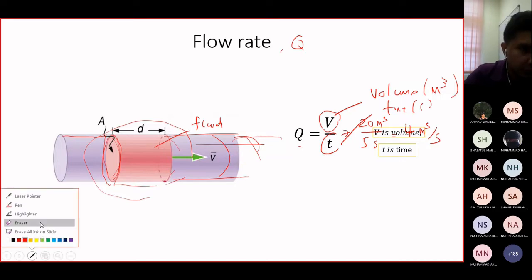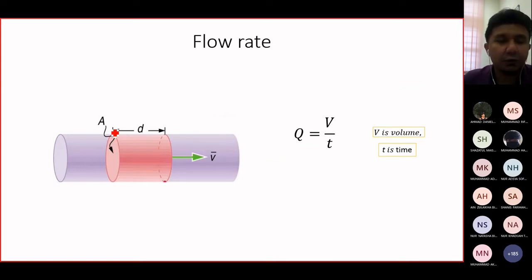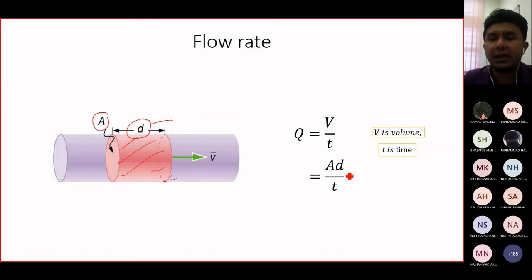We know that volume equals A times length, or D in this case. In this picture it is put as D, so it's okay. A times D will get us this volume, so we can write AD over T. Since D is length, not diameter, length divided by T is speed.